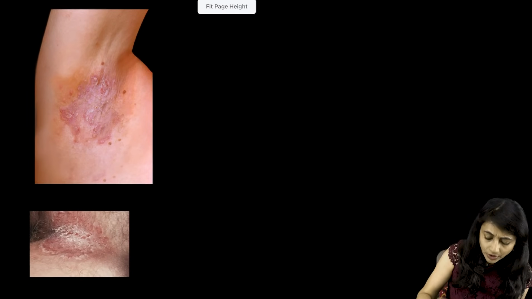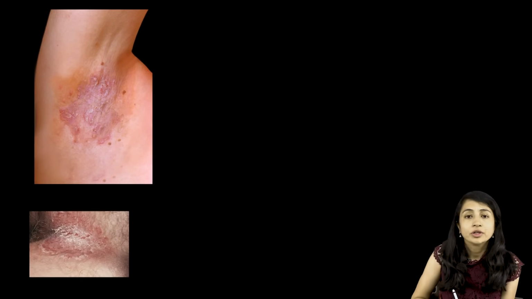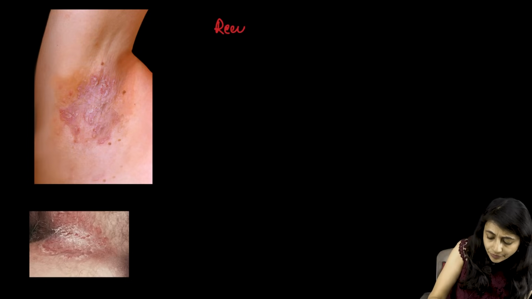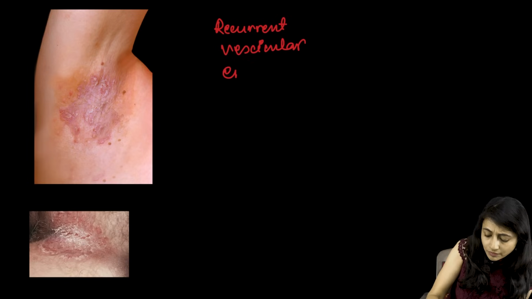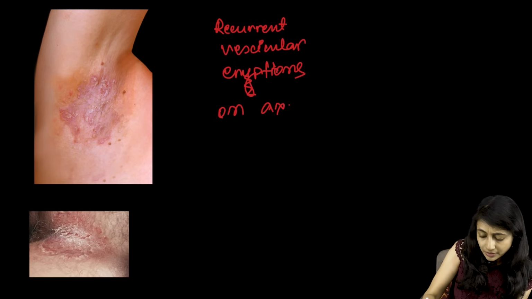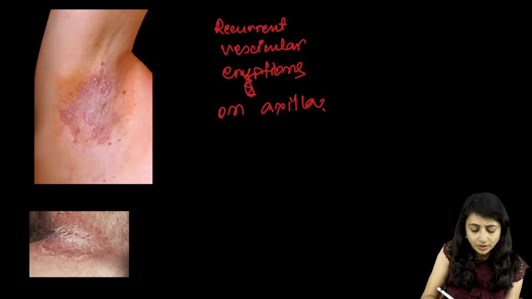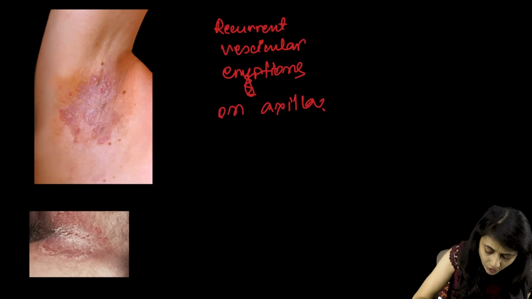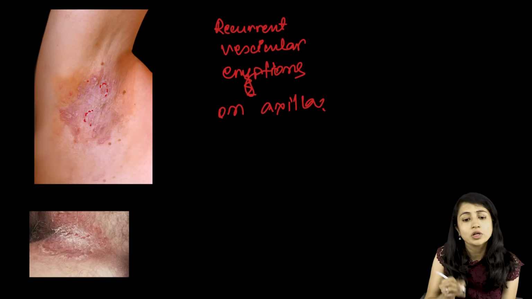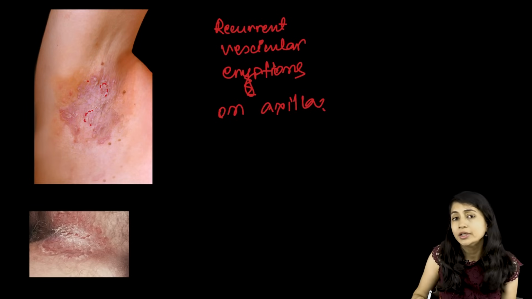Okay. So, next you have a patient who presents with recurrent vesicular eruptions on the axilla. And you are given an image like this where you see a few vesicles, ruptured vesicles, scaly vesicles, small erosions present on the underarms.